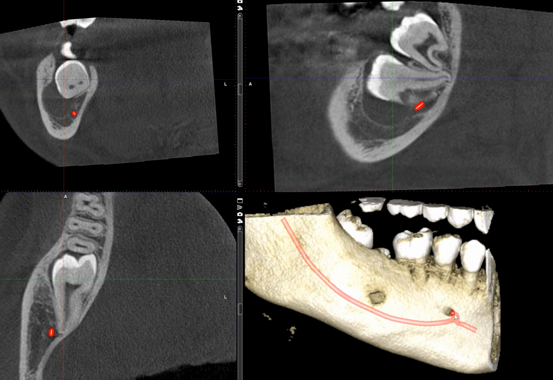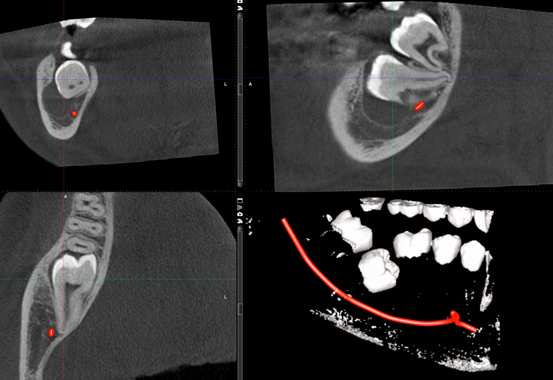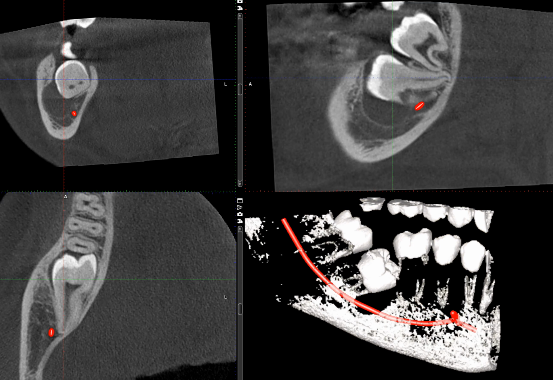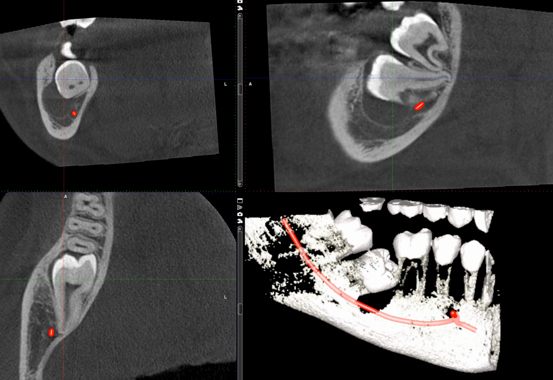So here's my tracing of the mandibular canal. Here's the impacted tooth. The buccal cortex is very thin in this area. And let me gently move away the bone. I wish I could leave the roots behind, but because of the radiodensity, I have to remove both of them at the same time. Anyway, drum roll please.